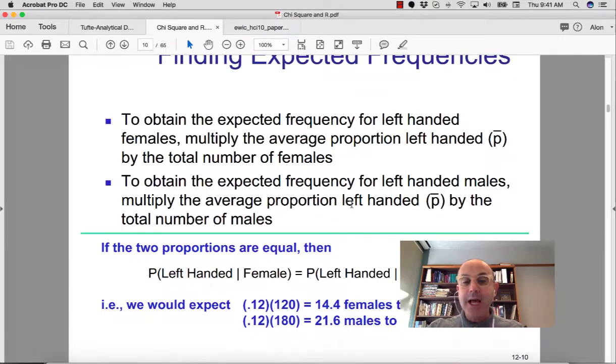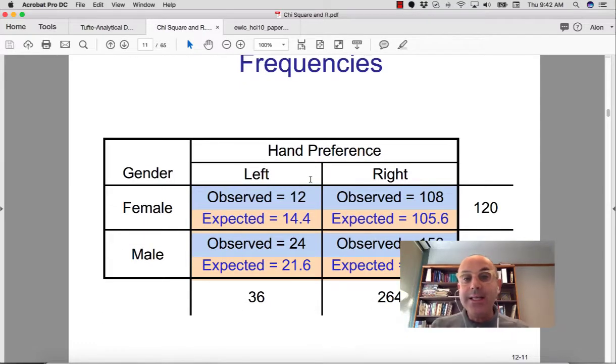In this case, for the females, whose number is smaller than the males, it is 0.12 multiplied by 120, which is equal to 14.4, in comparison to the males, which is 180, multiplied by 0.12, which is equal to 21.6.